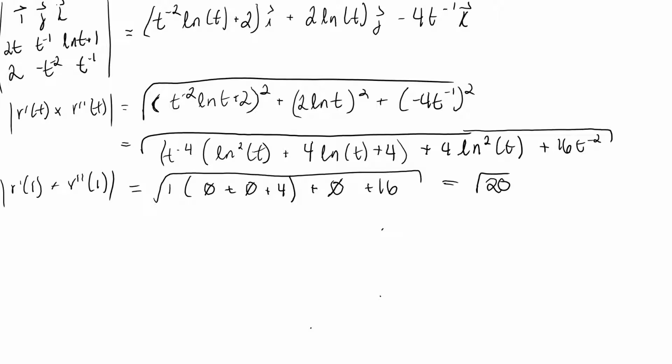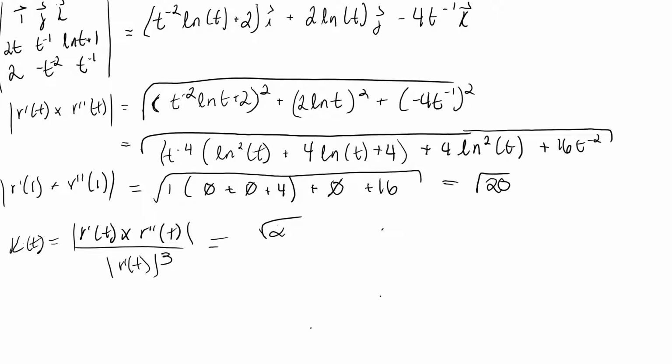Going back to the first equation that we had, we have the magnitude of r prime cross r double prime over the magnitude of r prime cubed.